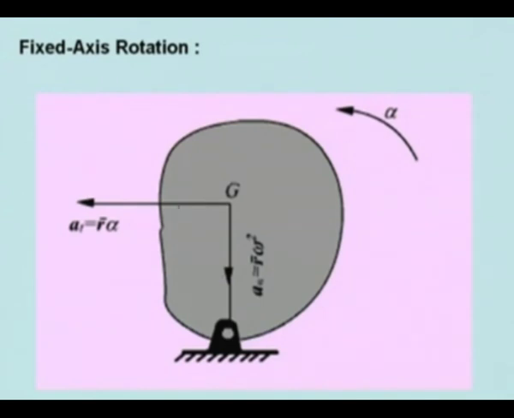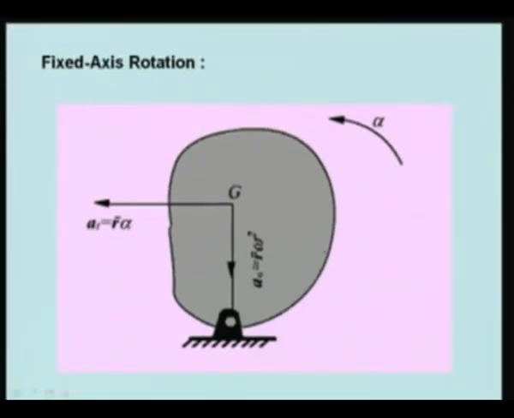So angular acceleration is given by alpha, and the linear tangential acceleration is equal to r times alpha, where r is the distance of O to G. Similarly, the normal acceleration will be directed towards the center, that is a_n equal to r bar omega square, where omega is the angular velocity of rotation and alpha is the angular acceleration.